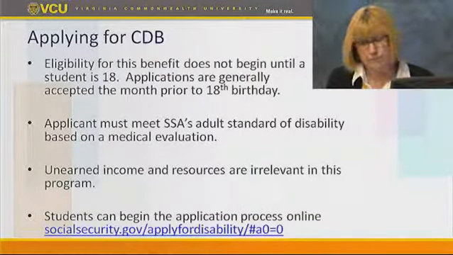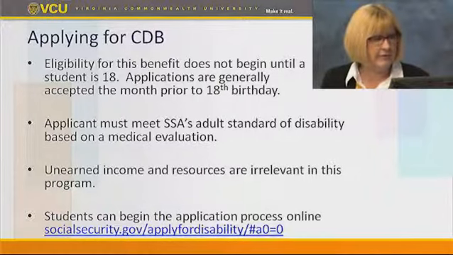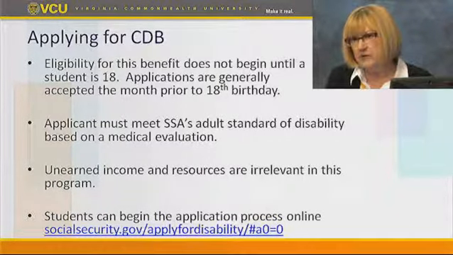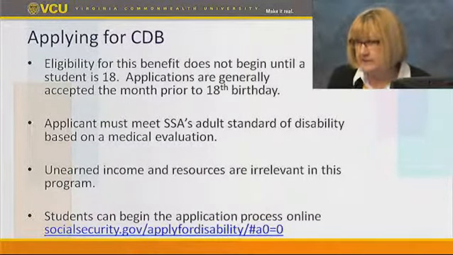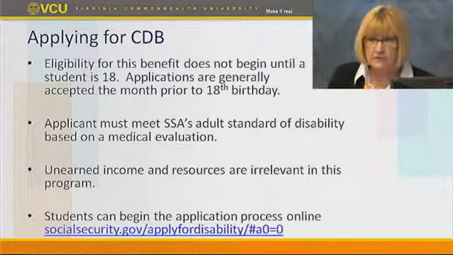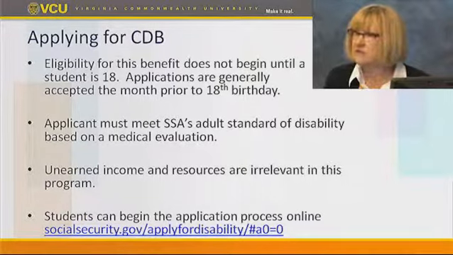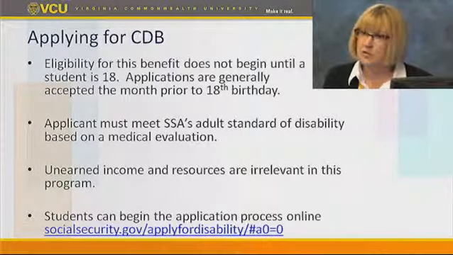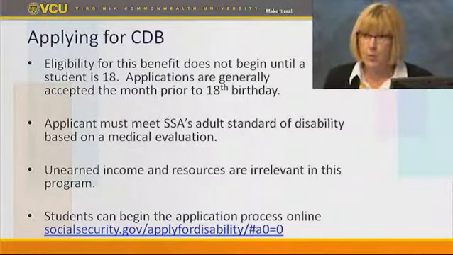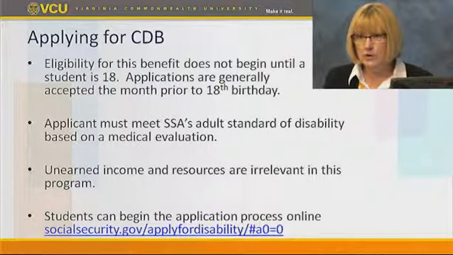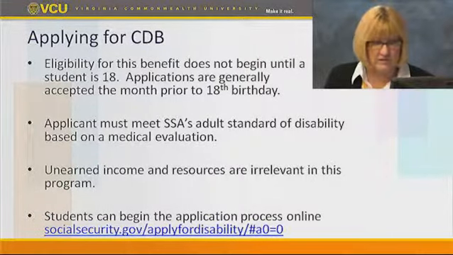So the last one, CDB. How do you apply for this? Well, remember that this benefit is a little odd. This is a disability benefit. The child's disability will be evaluated. But this benefit is only available to individuals who are 18 years or older. So you may not have been eligible for this when you were 16 or 17.